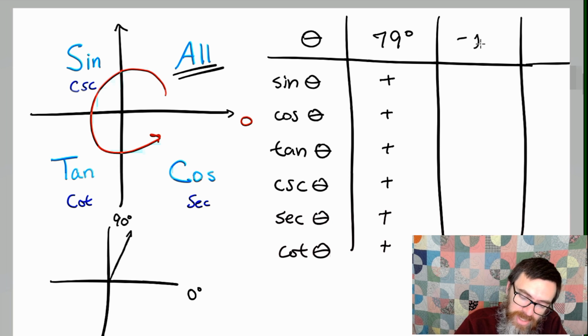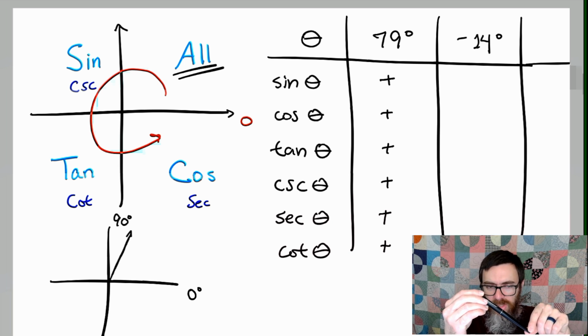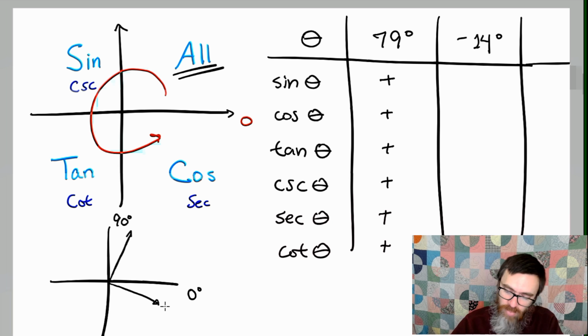The next example is negative 14 degrees. Since it's negative, that means we're going in a clockwise rotation. So negative 14 is going to be somewhere down here. Why isn't it beyond that y-axis?